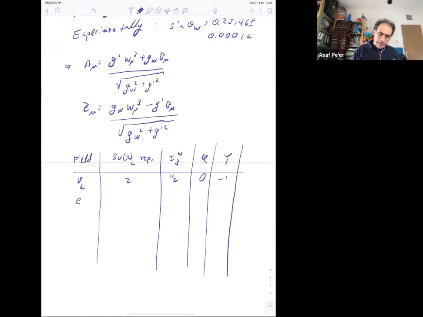For the left-handed electron, it is within the SU2 representation, so it's 2. The I3, it's a -1/2, it's in the lower part of the doublet. Charge is, of course, -1, and so Y is a -1 as well, which we got from Y equal to twice Q minus I3.